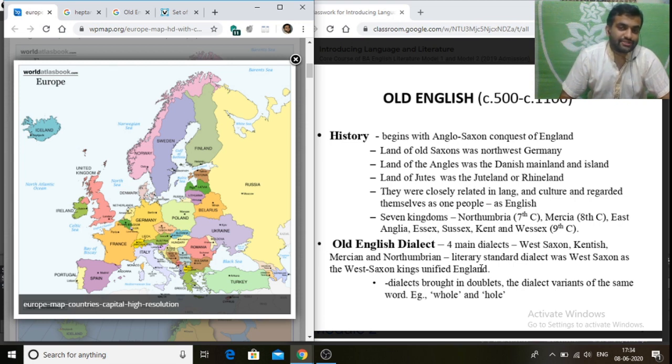Now, as I have already mentioned to you in our classes, we categorize periods of the English language based on certain historical events.